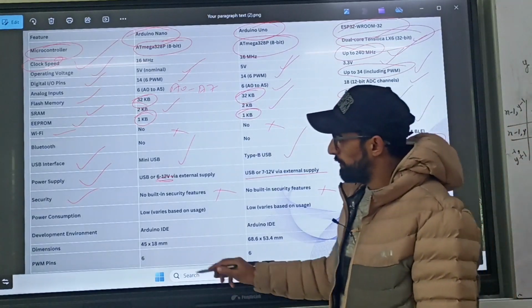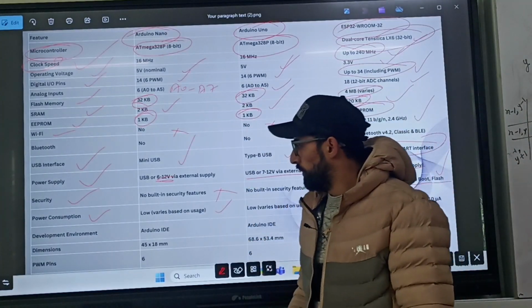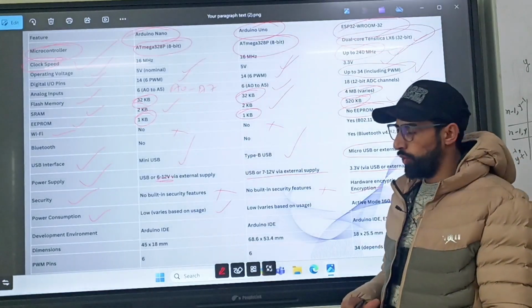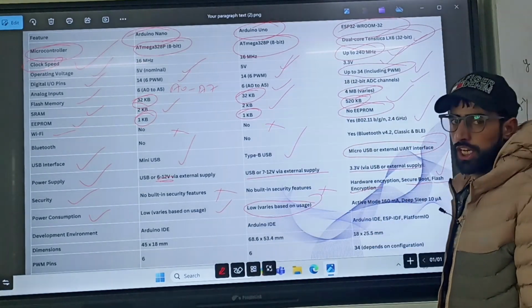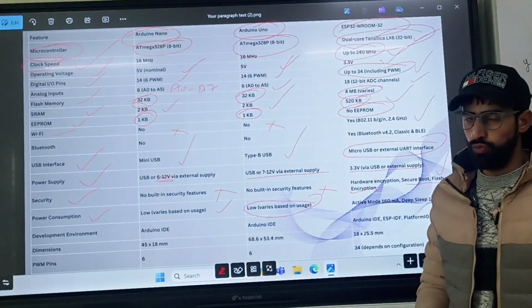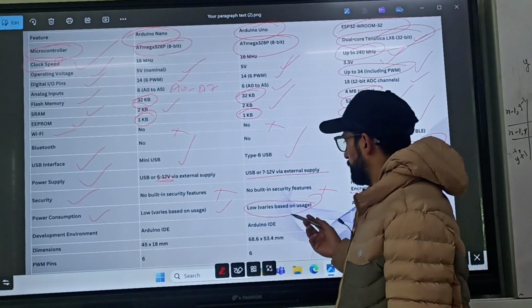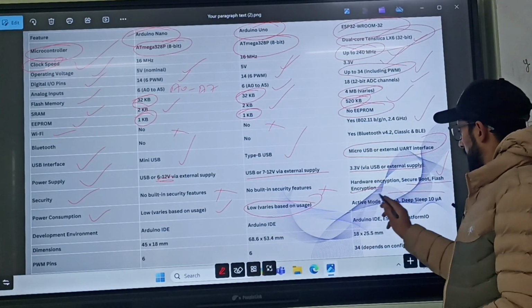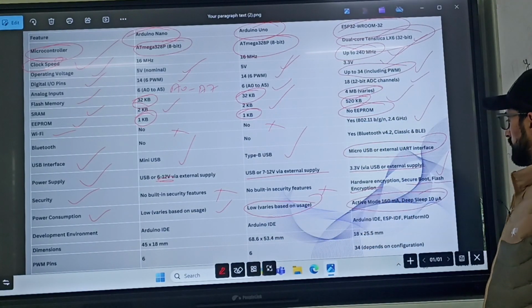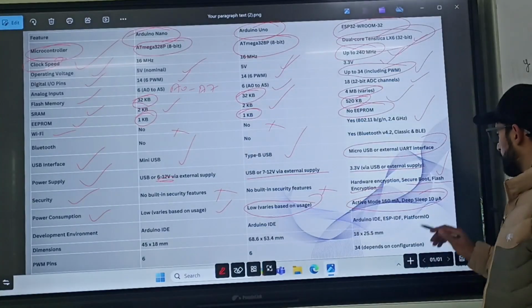Now talking about the power consumption. Arduino Nano and Arduino Uno consume low power, because they don't have inbuilt Wi-Fi, so we don't need to connect to the internet. But ESP32 draws 160 milliamperes in active mode and 10 microamperes in deep sleep mode.